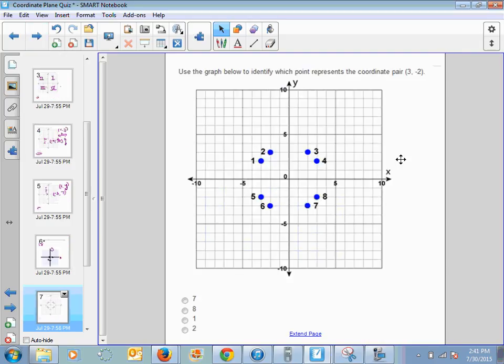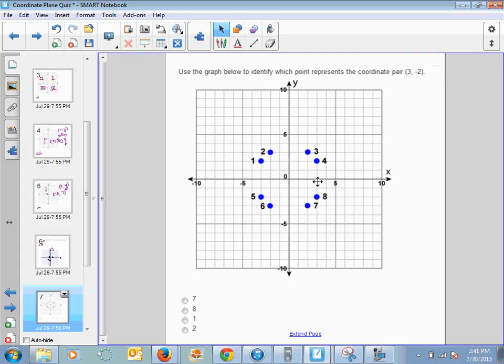Okay, use the graph below to identify which point represents the coordinate 3, -2. So start at the origin here, then we just go right 3, 1, 2, 3.